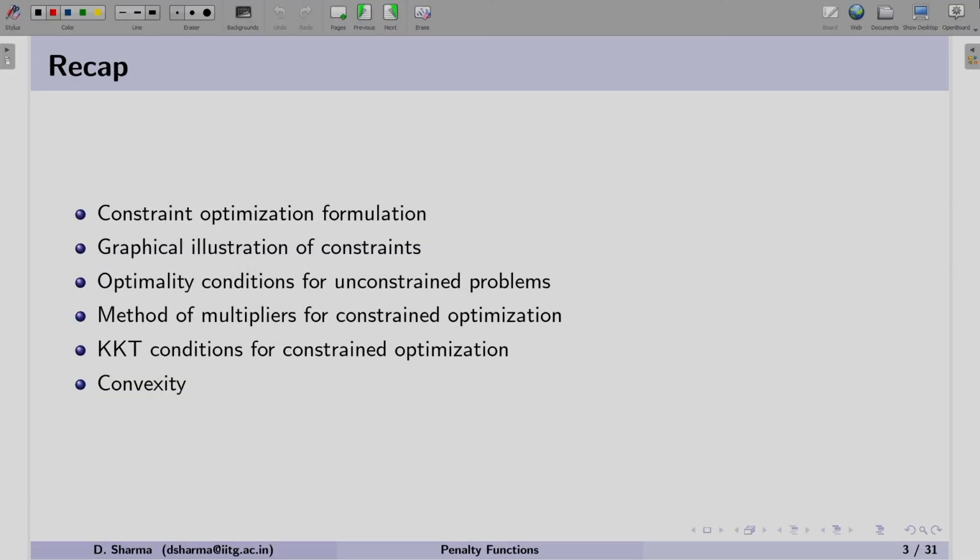Similarly, when we took the objective function with inequality constraints, we first converted the inequality constraint into an equality constraint with the help of a slack variable, and then we followed a similar procedure. Finally, using the basis of the method of multipliers, we came up with the KKT conditions, referred to as the Karush-Kuhn-Tucker conditions.